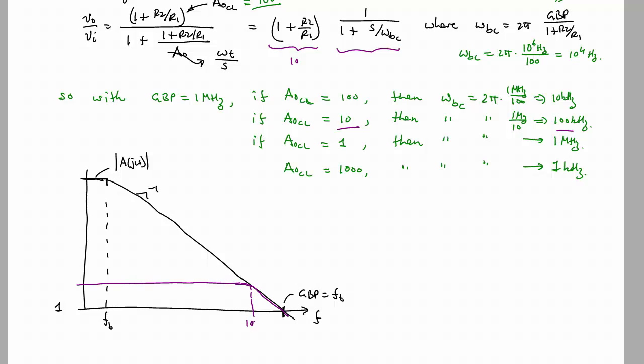This was 100 kilohertz, and this was a gain of 10. If we had a gain of 100, then our break frequency was actually 10 kilohertz. And we can continue. If the gain was 1,000, we found that it was 1 kilohertz.